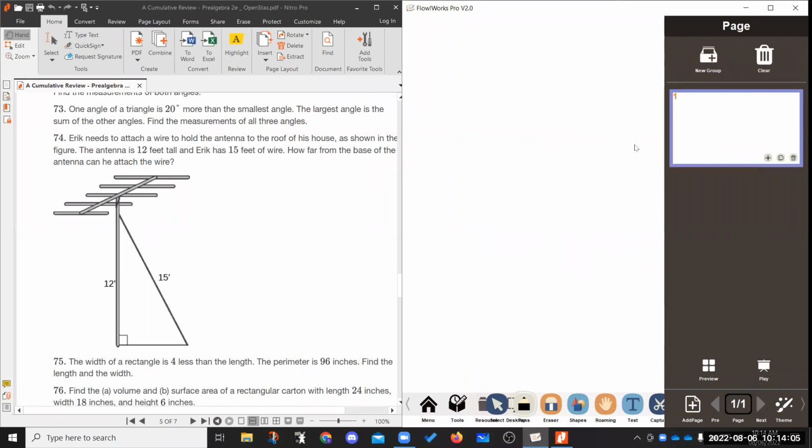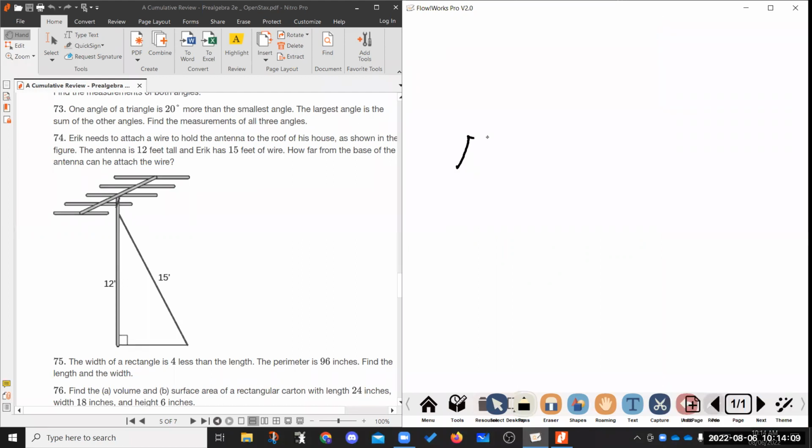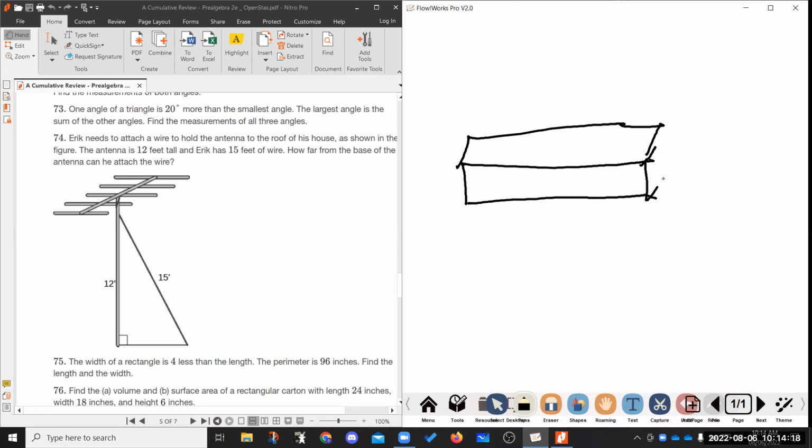Number 76, find the volume and the surface area of a rectangular carton. I'll do my best to draw this 3D. Okay. Whose length is 24 inches, whose width is 18 inches, and whose height is 6 inches.